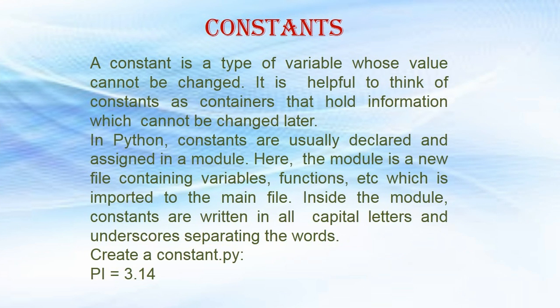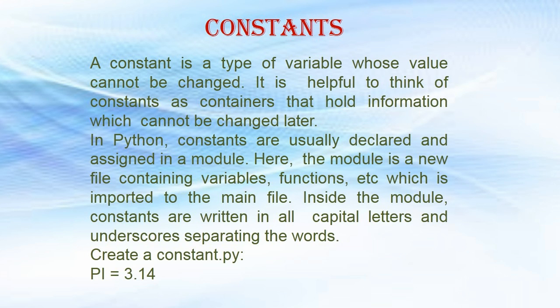Okay, next is constant. Now what are constants? A constant is a type of variable whose value cannot be changed. From the name itself we can guess that constant means things which cannot be changed. It is helpful to think of constants as containers that hold information which cannot be changed later. In Python, constants are usually declared and assigned in a module.